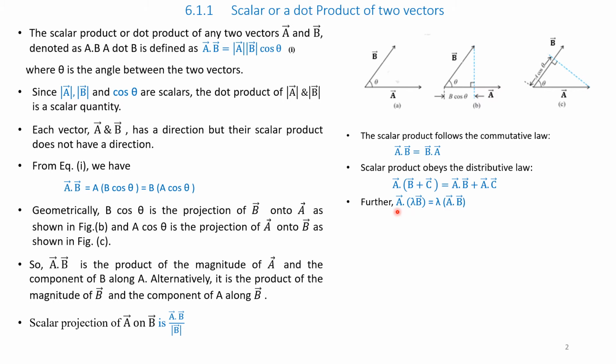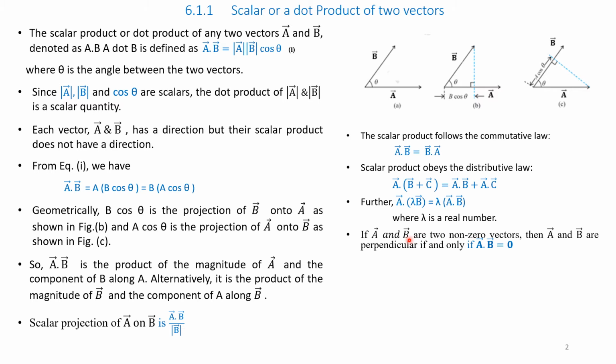Further, we can find the scalar product of vector A with lambda B, where lambda is a multiplier. We can take lambda outside: lambda into vector A dot vector B, where lambda is a real number.